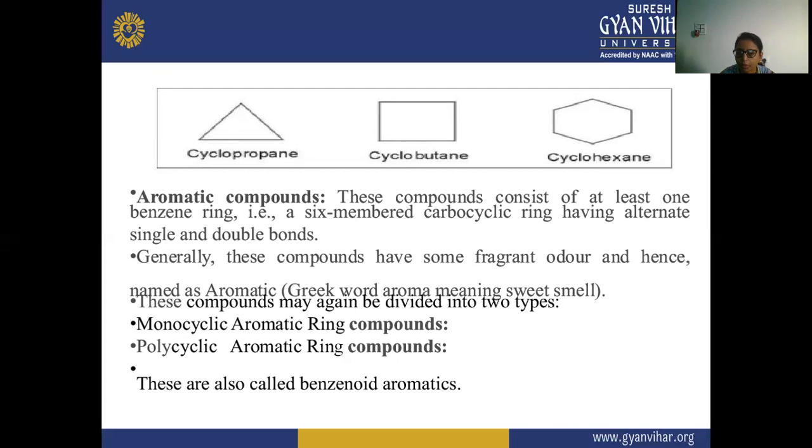In aromatic compounds, or in benzene, you can see alternate single and double bonds. So these compounds should contain at least one benzene ring.